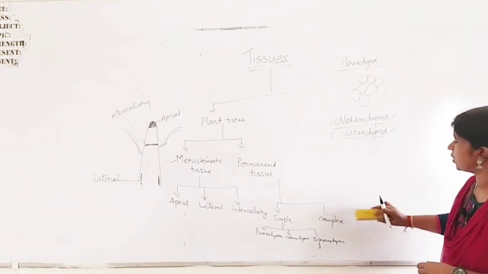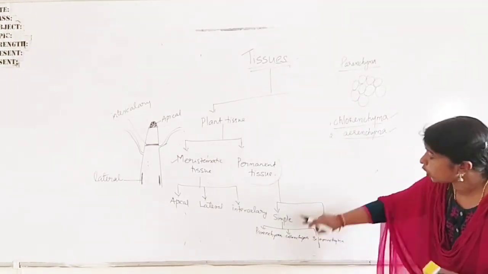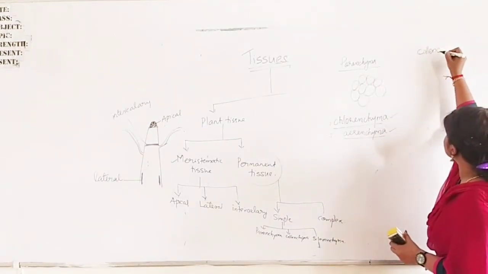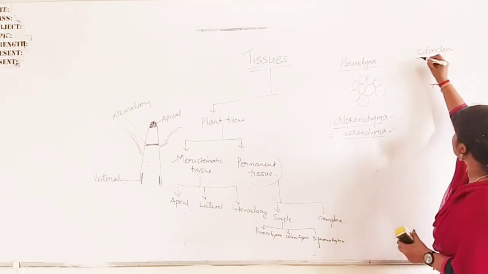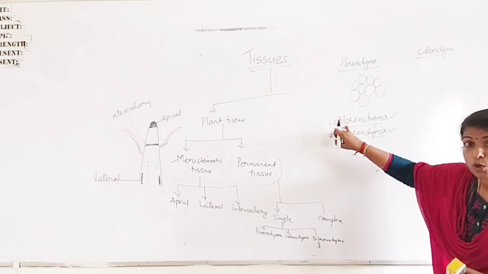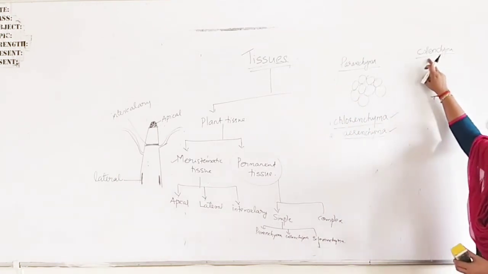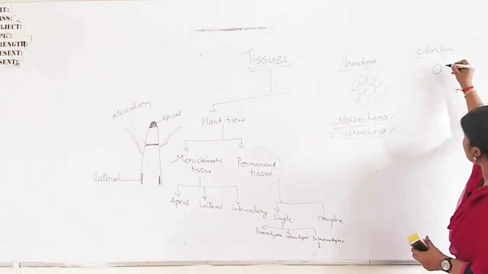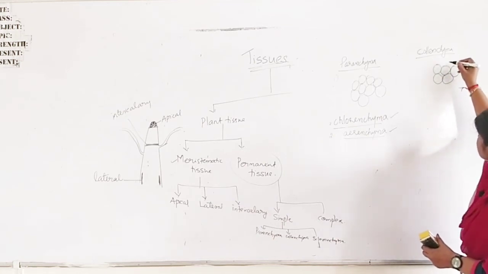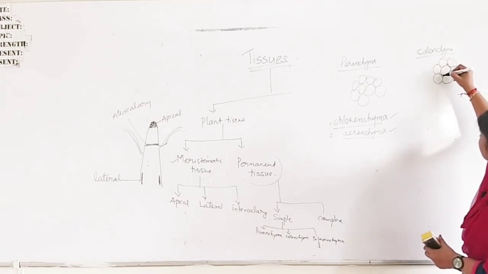Now we can move to the next part. What is that? Collenchyma. Don't be confused with collenchyma and chlorenchyma. This is chloren, having chlorophyll. Here it is collenchyma. Here the cells are arranged like this, but their corners are thickened. These corner parts are highly thickened due to the deposition of a chemical.